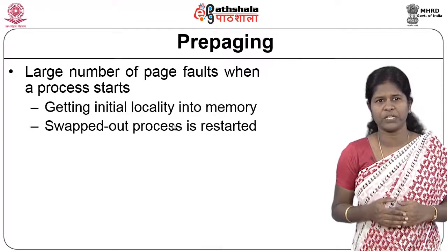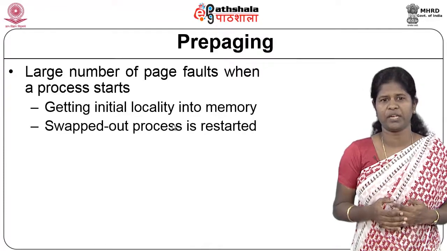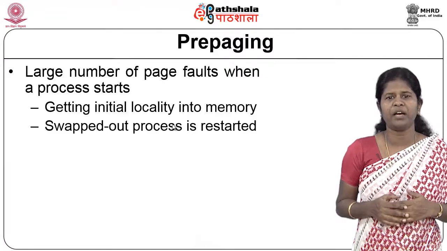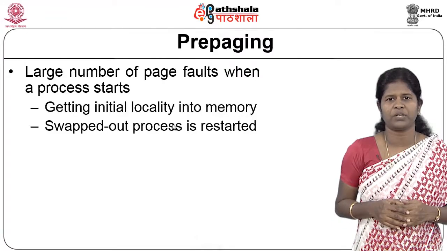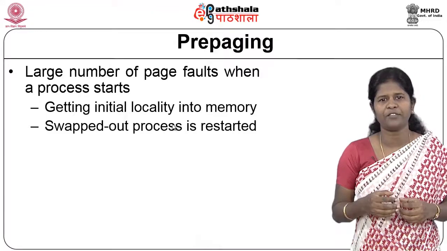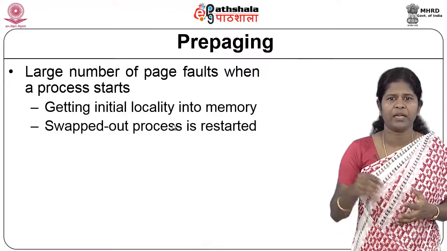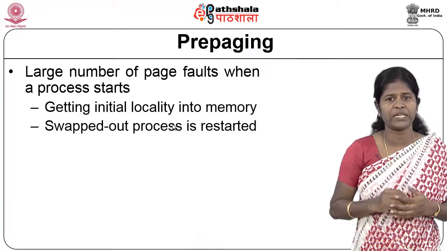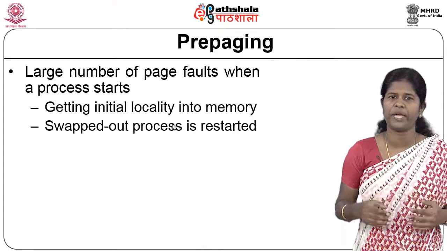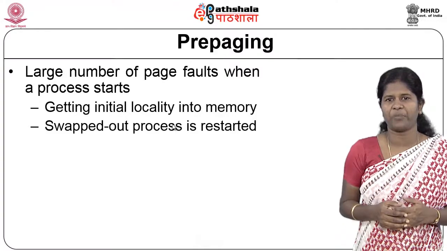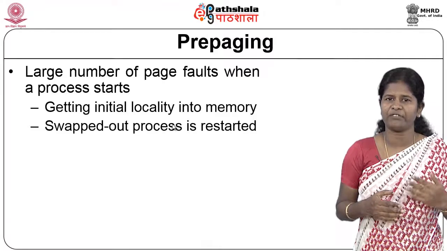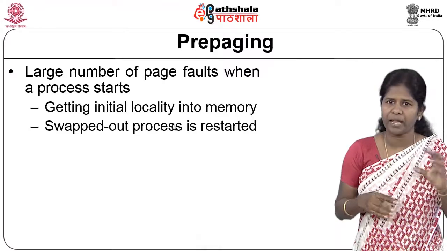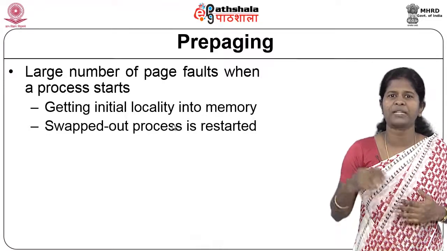Whenever a process initially starts executing, there will be a large number of page faults. That is because you have to bring the locality into memory initially. So, it is pure demand paging. Initially no page of that process is kept in memory, so each and every reference to the pages in that particular locality will result in a page fault.